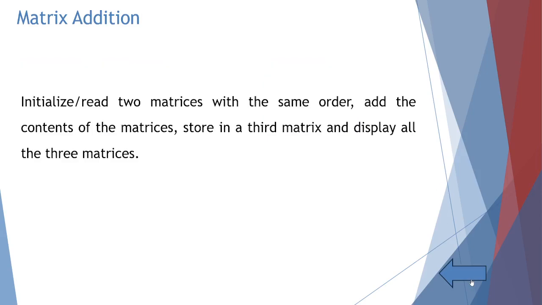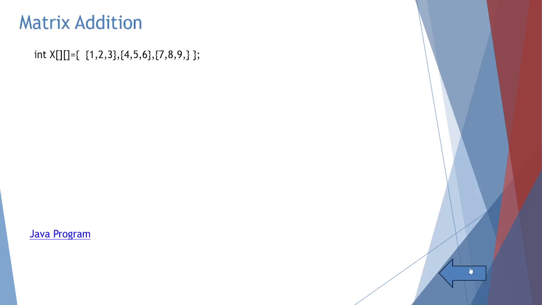Let's see the problem statement. Initialize or read two matrices with the same order. Add the contents of the matrices. Store in a third matrix and display all three matrices. Let's assume we are initializing.